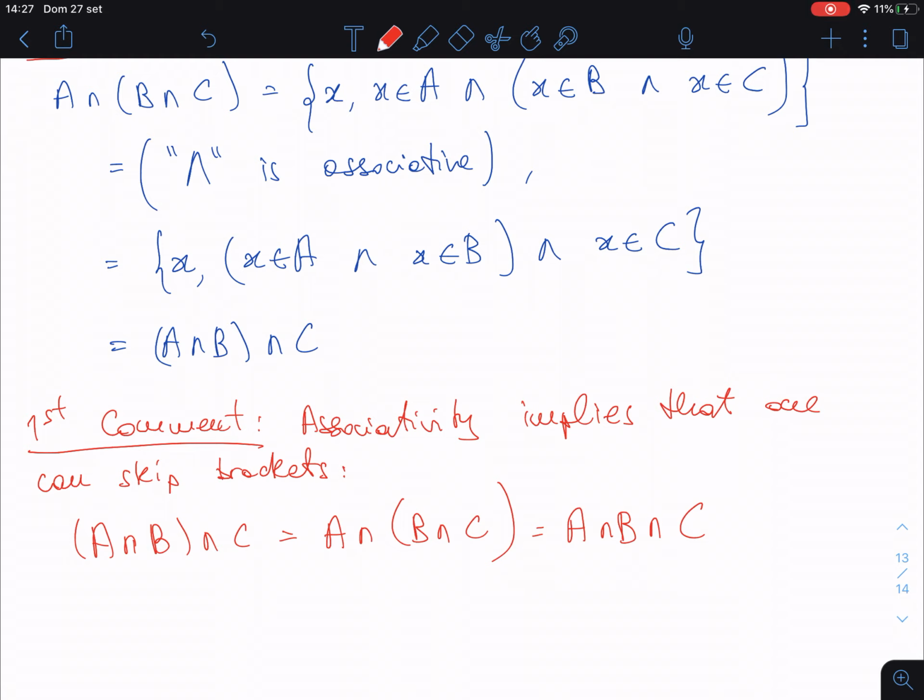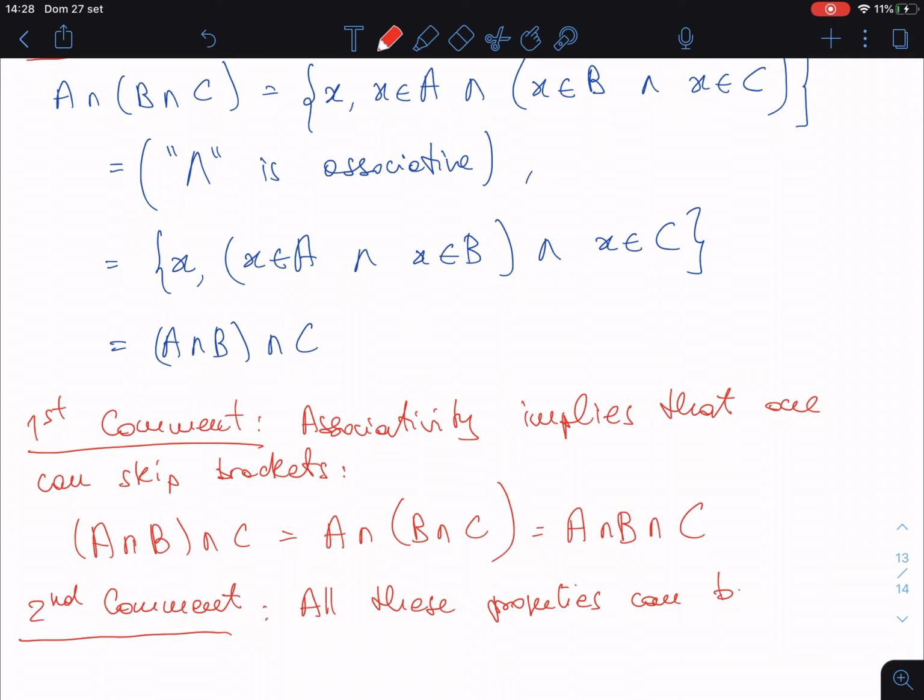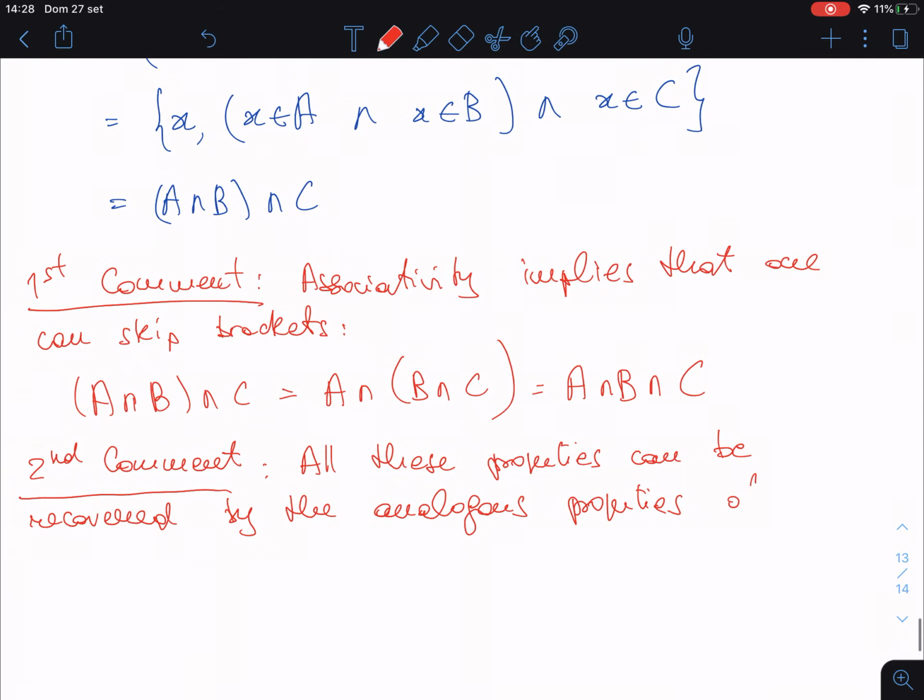Very easy. And the second comment, which is a bit deeper, says that all these properties can be recovered by the analogous properties of the logical connective appearing in the definition, and on OR.